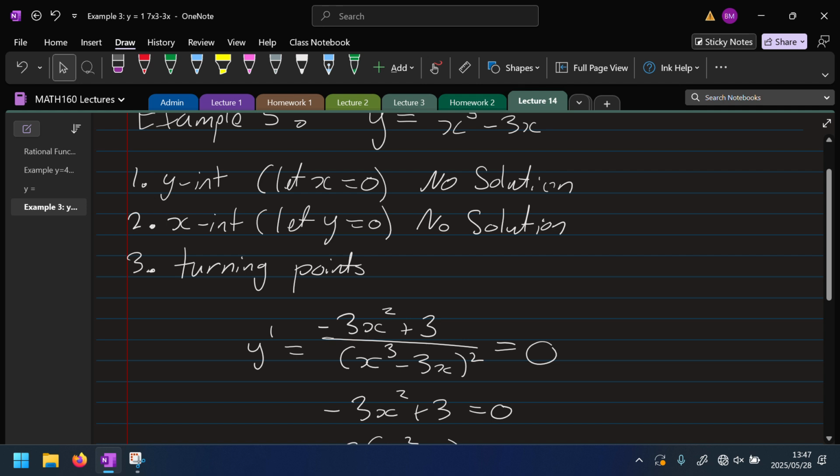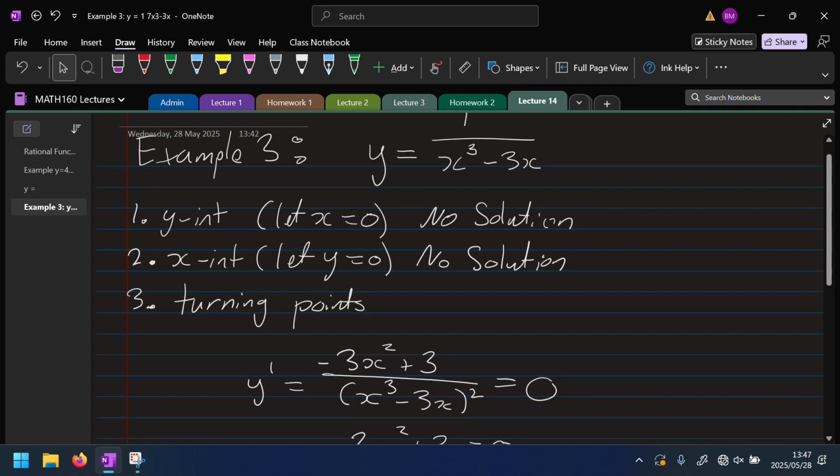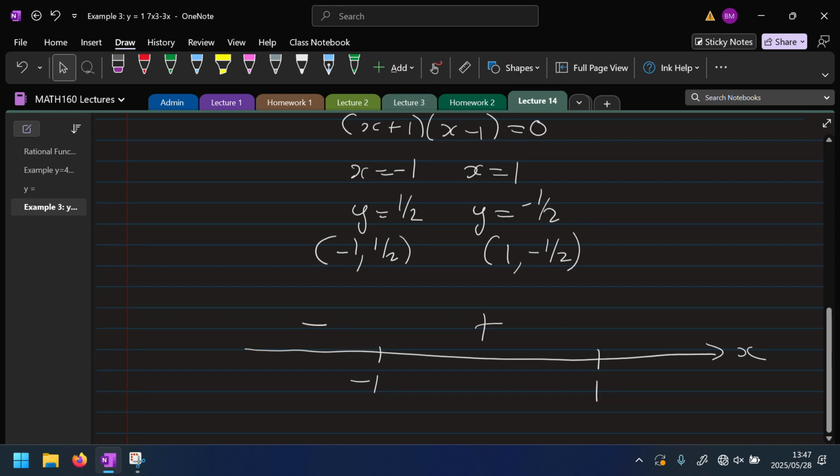Okay, back here. If we substitute something between minus 1 and 1, like x equals 0, for example, we're going to get something positive, so we can put a plus. And then after 1, we go back here. So like x is 2 or 3, just something after 1, we end up with something negative again, so we can put a minus.